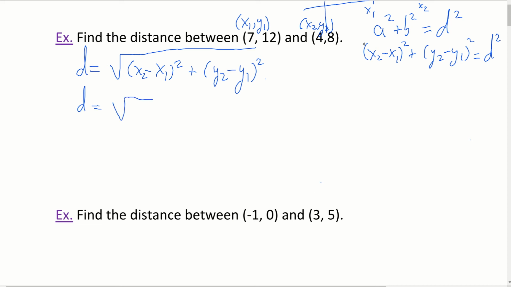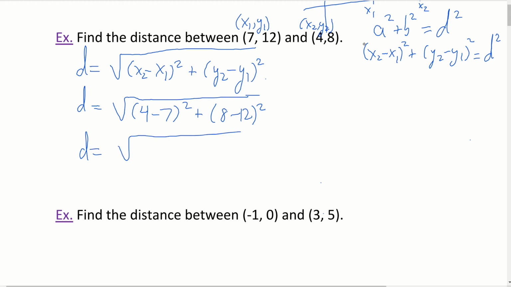So write out the formula. The next step is just very carefully plug everything into the proper order. This is going to be 4 minus 7 squared plus 8 minus 12 squared. A little bit of arithmetic, order of operations, we do what's in the parentheses first.